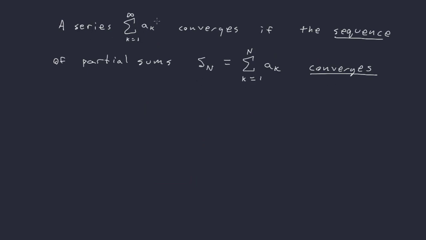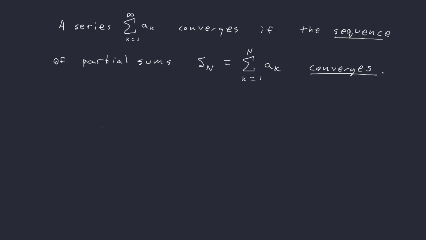All right, so a series, say the infinite sum from k going from 1 to infinity of a_k, converges if, and it's really an if and only if, the sequence of partial sums S_n, which is just the sum k going from 1 to n of a_k, converges.